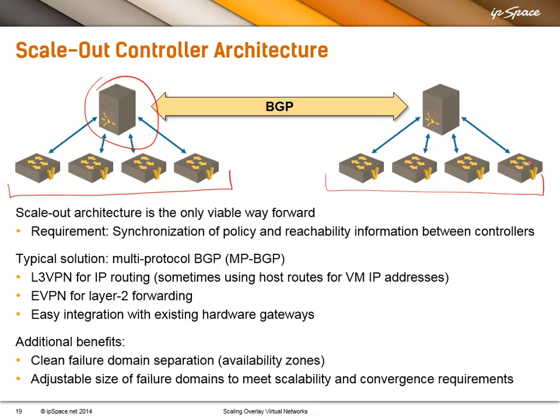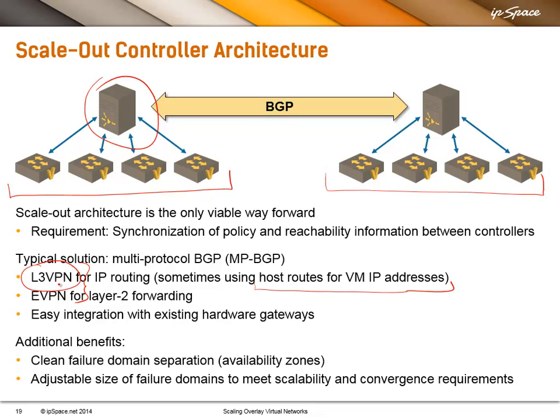If they are based primarily on layer 3 forwarding, you would see them using layer 3 VPNs, and sometimes even for implementations that are more focused toward layer 2 or a combination of layer 2 and layer 3, you would see them use host routes for VM IP addresses and pass those host routes in multi-protocol BGP so that you retain the nice properties of VM mobility. For pure layer 2 forwarding, more or less everyone is using EVPN. And if you use this too, then it's pretty easy to integrate with the existing hardware gateways.